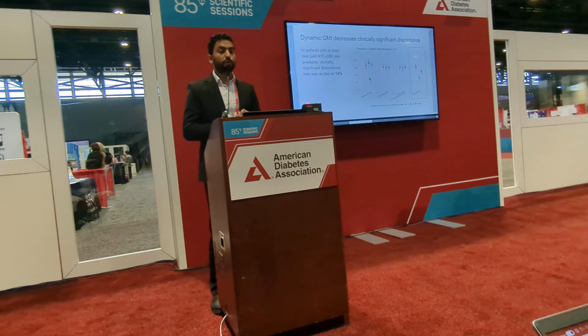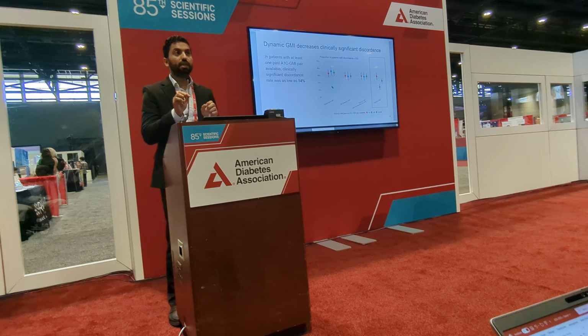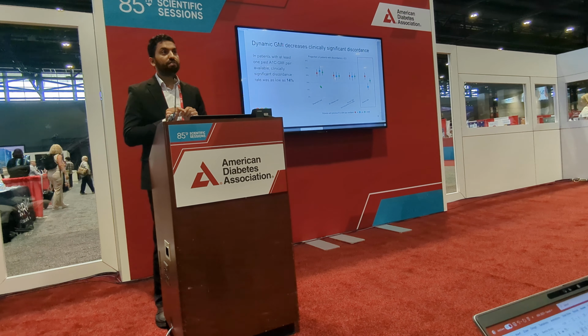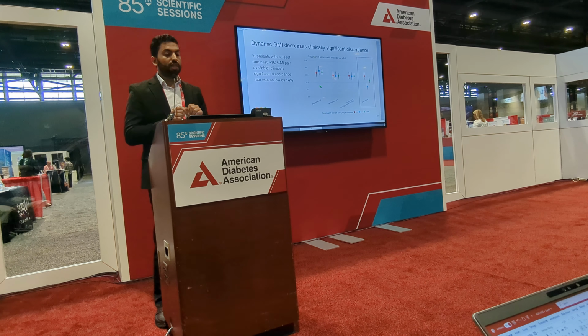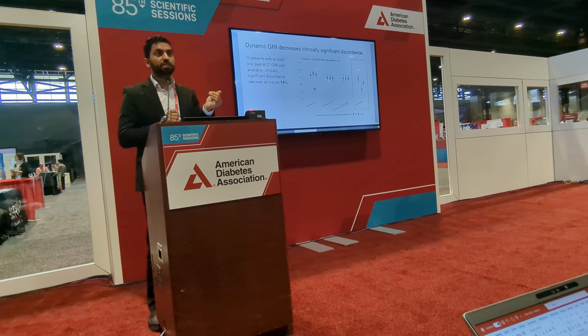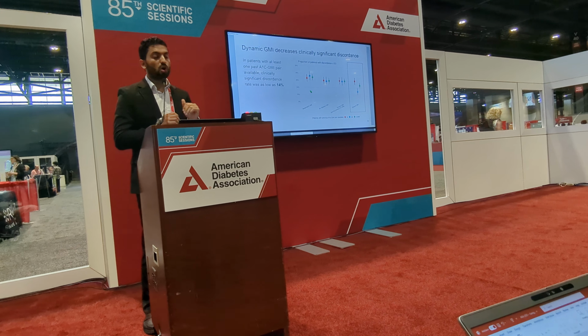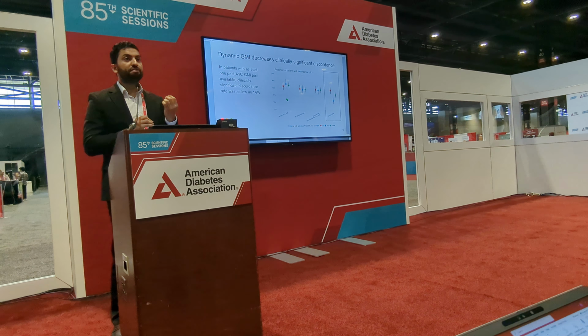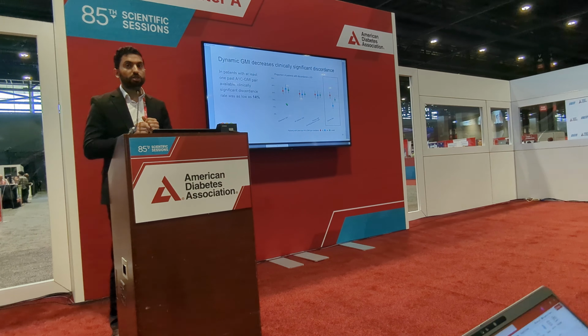If we look at the proportion of patients with clinically significant discordance, i.e. 0.5 or more, the proportion was reduced from around 35% down to 14%. So in more than half of people, we avoided the discordance using dynamic GMI.